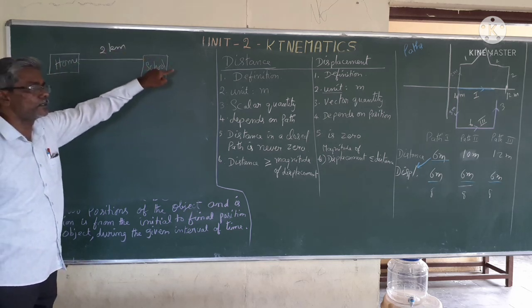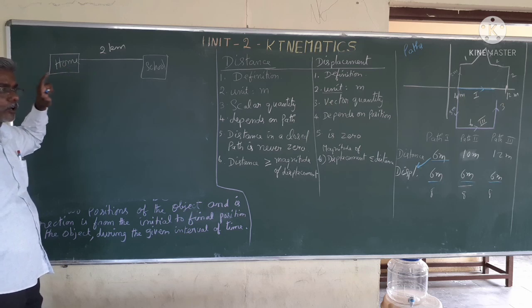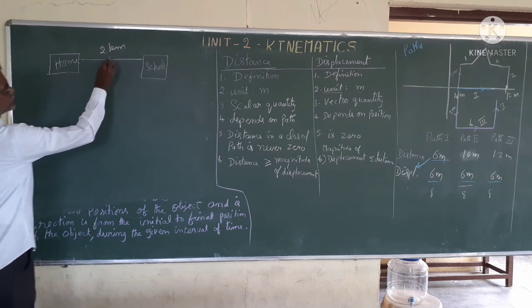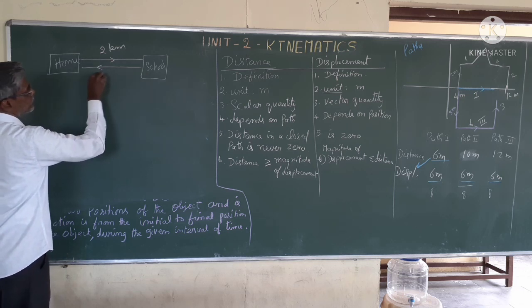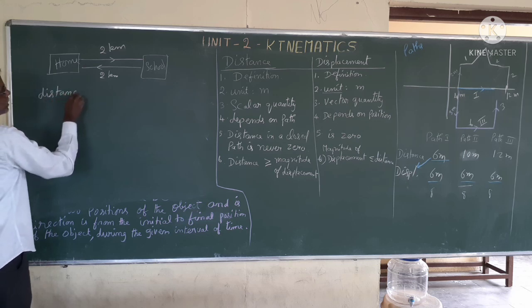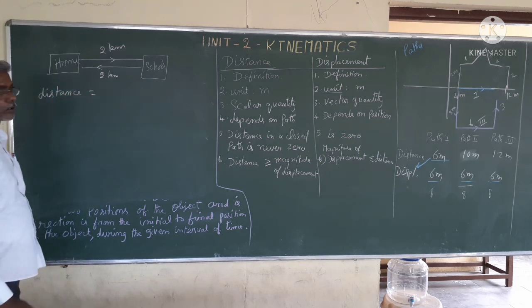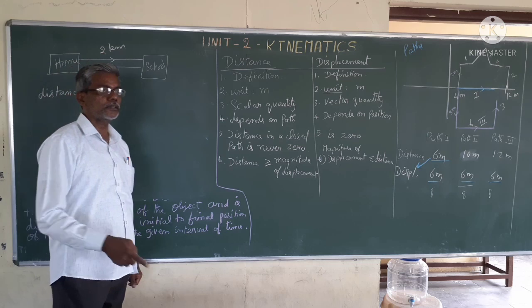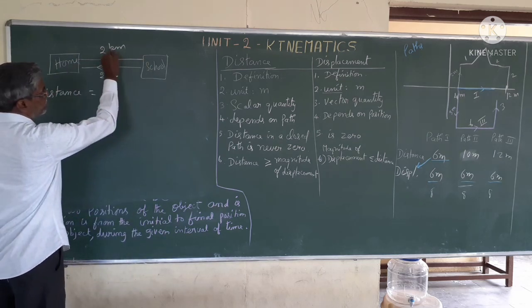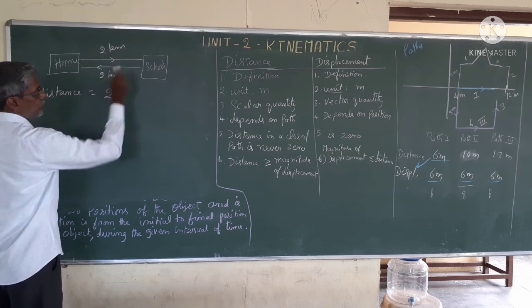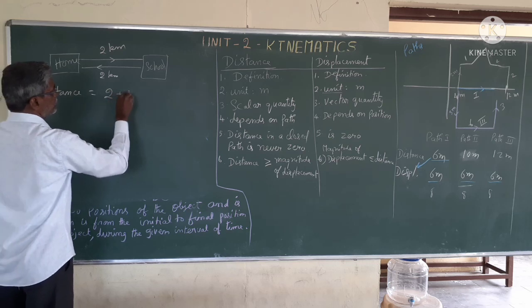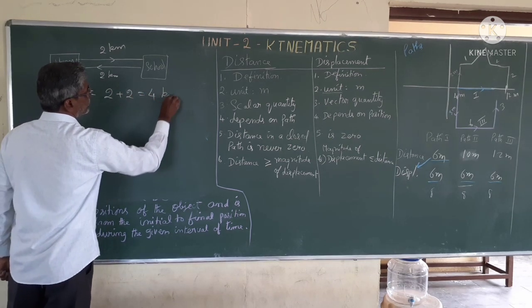What is the total trip you covered? How much distance you covered? Distance is nothing but the total path length covered. From here to here 2 km, and from school back, you must take only the magnitude. So totally you cover 4 km.